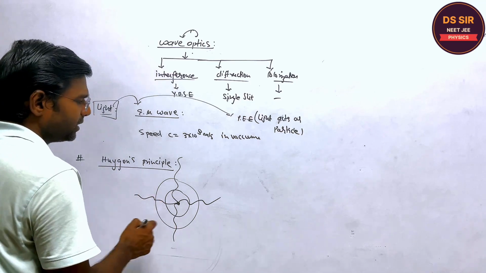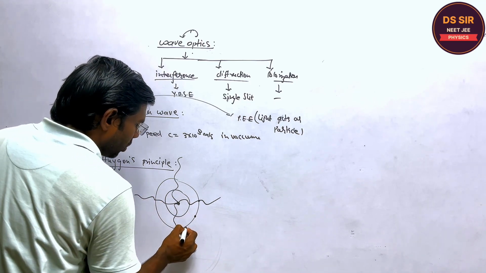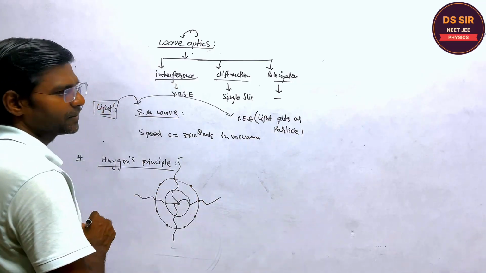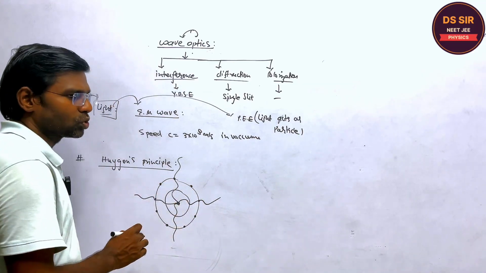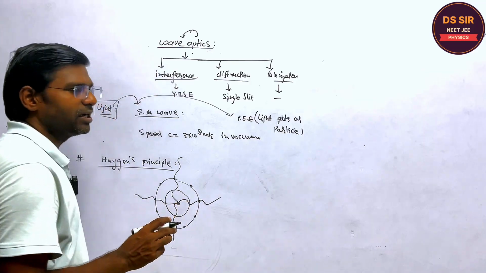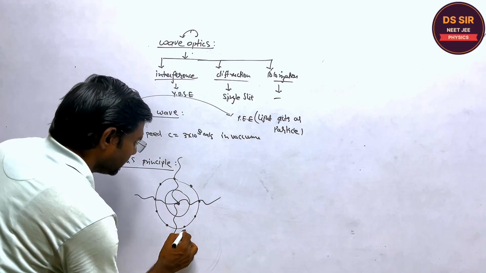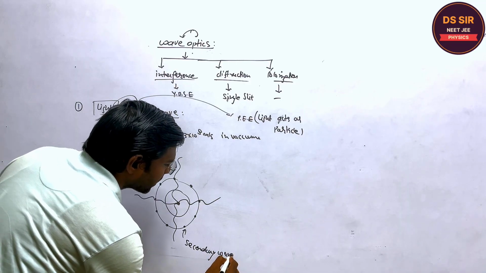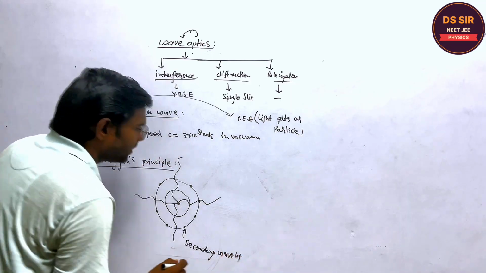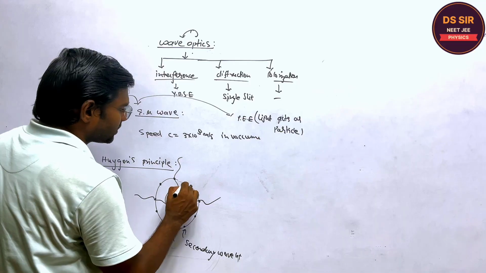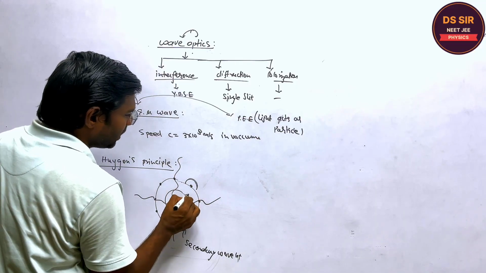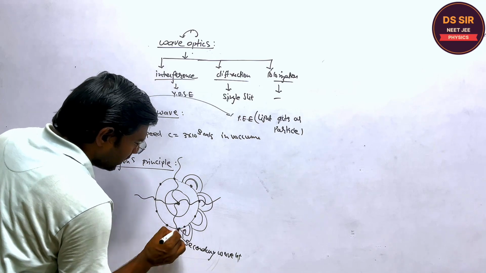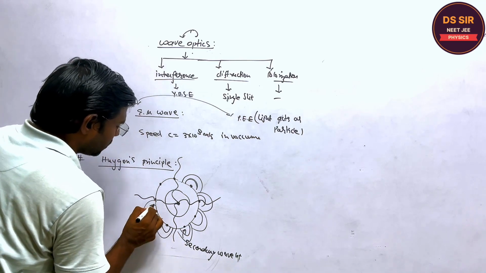So according to Huygens, every point present on the wavefront acts as a new source of light. And these new sources of light are called secondary wavelets. From the secondary wavelets, the spherical wavefronts are produced in the forward direction only.